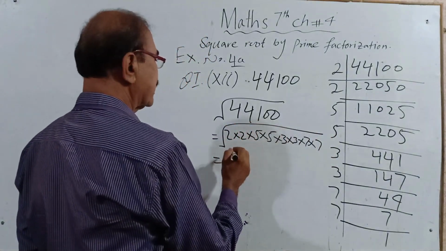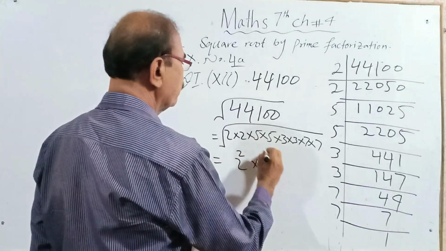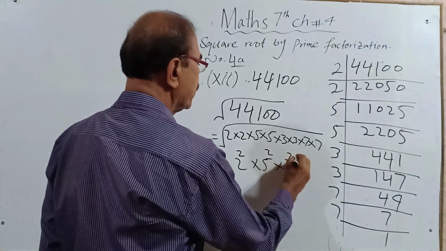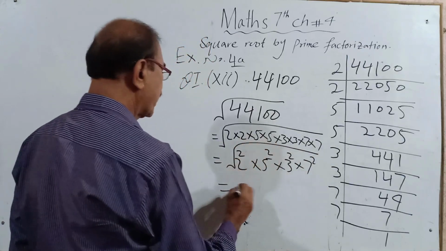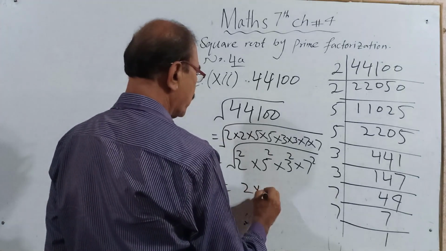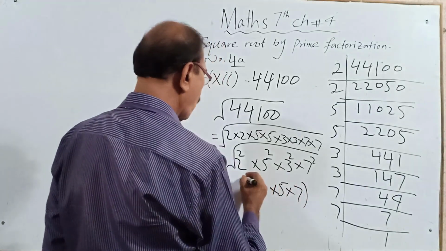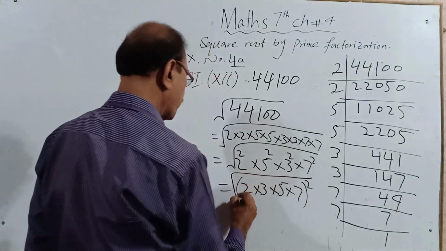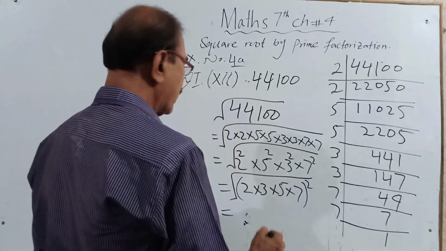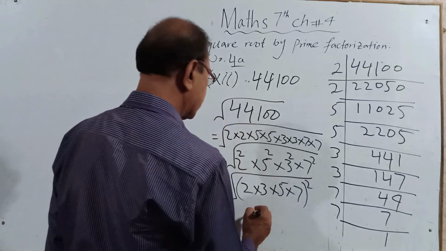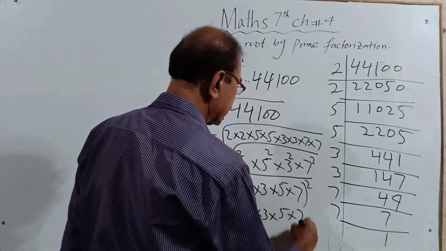And we can write as it's a pair, 2 square multiplied by 5 square multiplied by 3 square multiplied by 7 square root. And also we can write as 2 multiplied by 3 multiplied by 5 multiplied by 7 whole square root. As we know that square is cancelled by square root, and we have to write as 2 multiplied by 3 multiplied by 5 multiplied by 7.